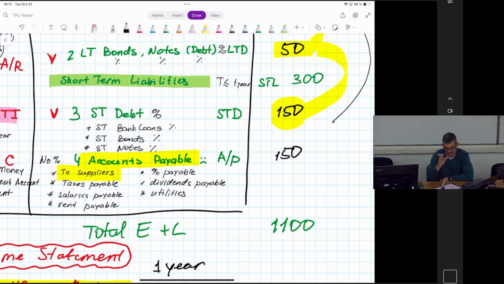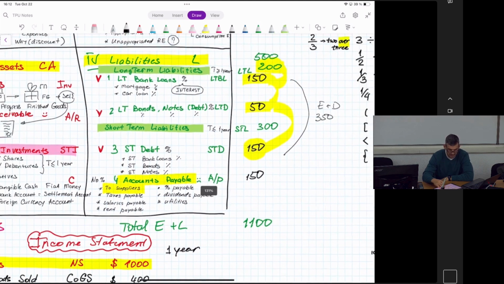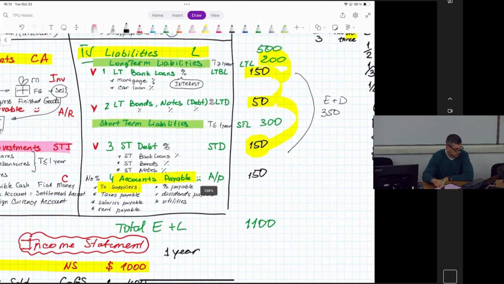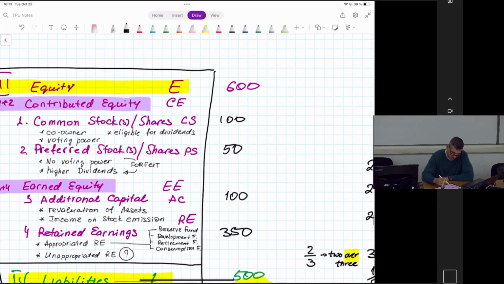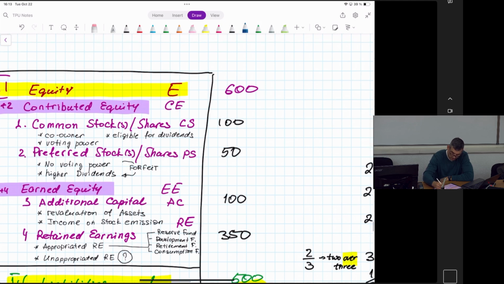Well, let's just give it a number. Let's say that our stockholders want to earn, as far as dividends, maybe 7% on their stock. Yeah, let's make it like 7%. If we have, for example, common stocks and preferred stocks, 100 plus 50, so 150.